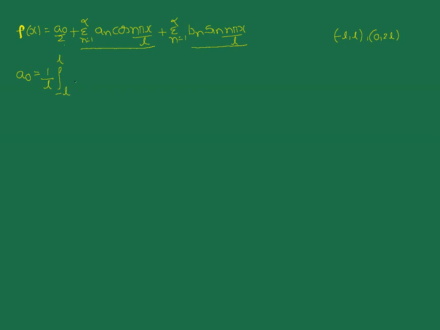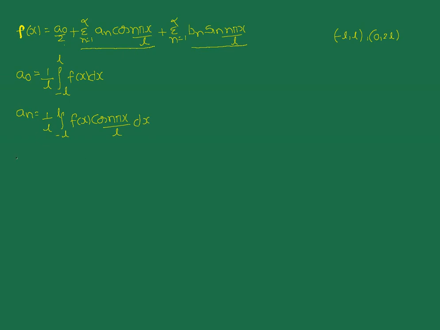So a naught is 1 by l integral minus l to l f of x dx. An is equal to 1 by l integral minus l to l f of x into cos n pi x by l dx.